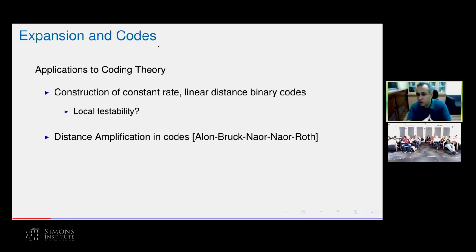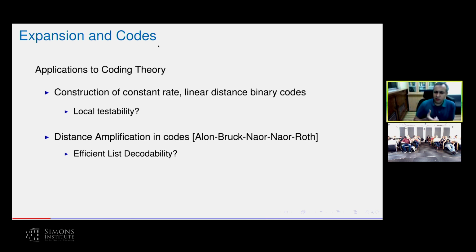This is the construction of Alon, Bruck, Naor, and Roth. And once you come into the world of codes with large distance, you can immediately ask, can you now equip these codes with efficient list decoding algorithms? They have large distance, and you can prove that there are some codes constructed in this way. Can they come with efficient algorithmic list decoding algorithms?